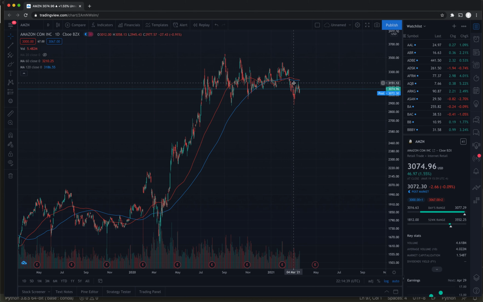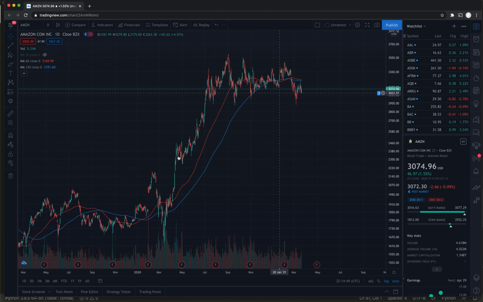Then you could lose money in a very short amount of time. Maybe not a lot of money, but every time you get in and out, you could lose some money because of this kind of oscillation. The market doesn't really have a clear trend for this particular stock.